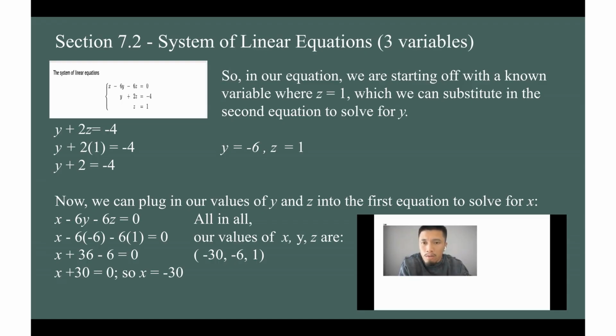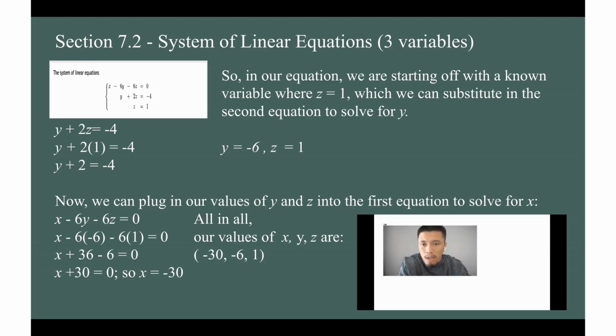So y + 2(1) = -4. So y + 2 = -4. And then we'll subtract 2 from both sides, and we'll get y = -6. So right now we have two variables where y = -6 and z = 1.